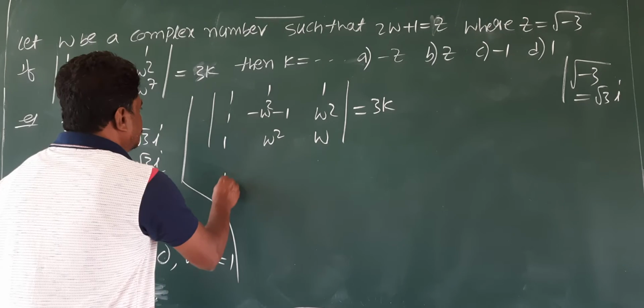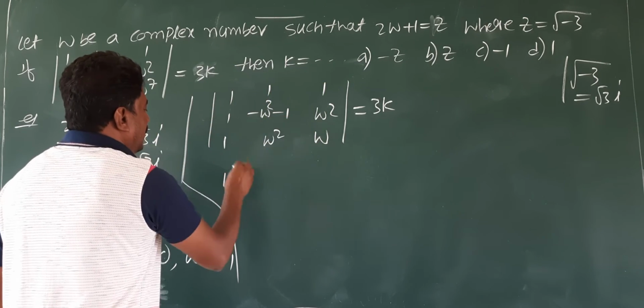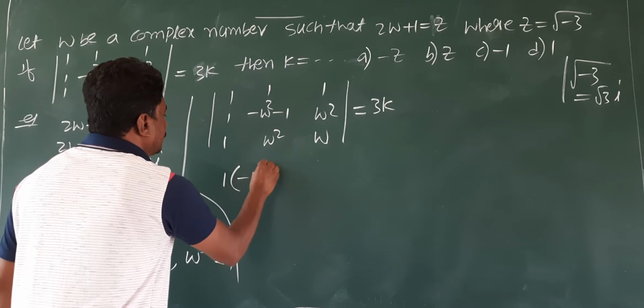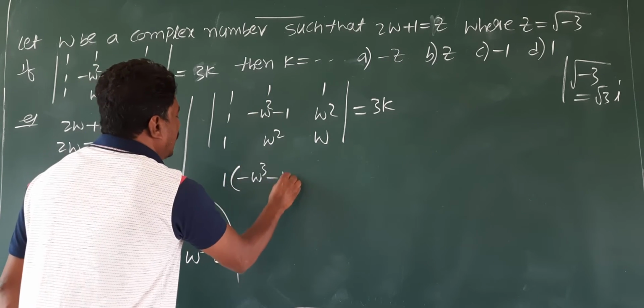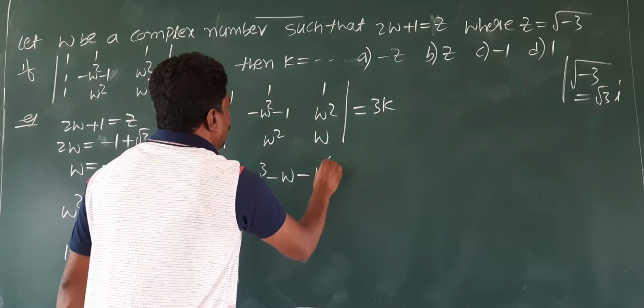So 1 into, row column multiply, minus omega cube, minus omega square into omega square, omega power 4.